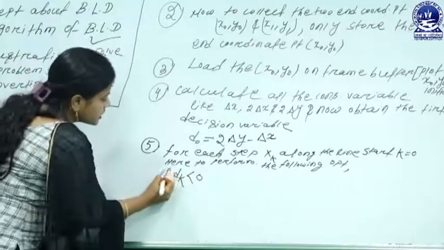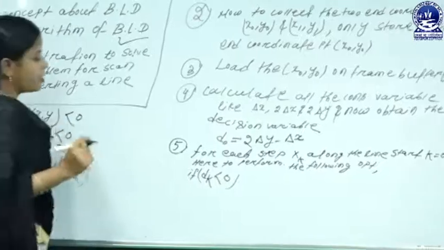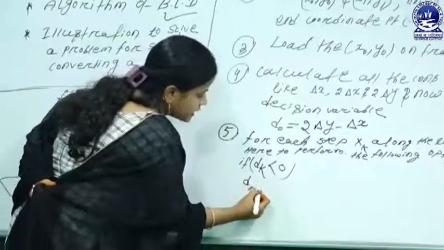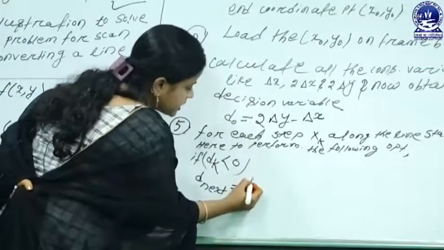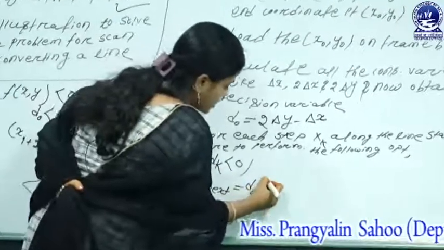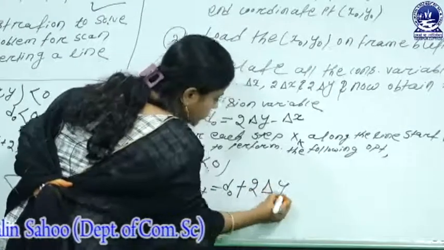is less than 0, then you find the next decision variable using the given formula: d next equals the previous decision variable plus 2 delta y.